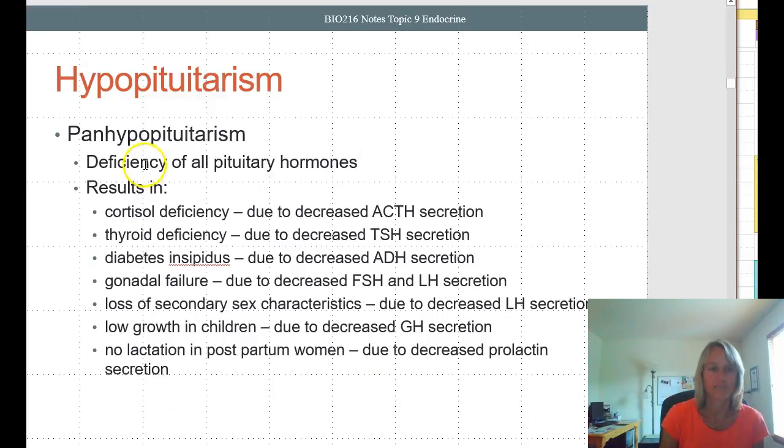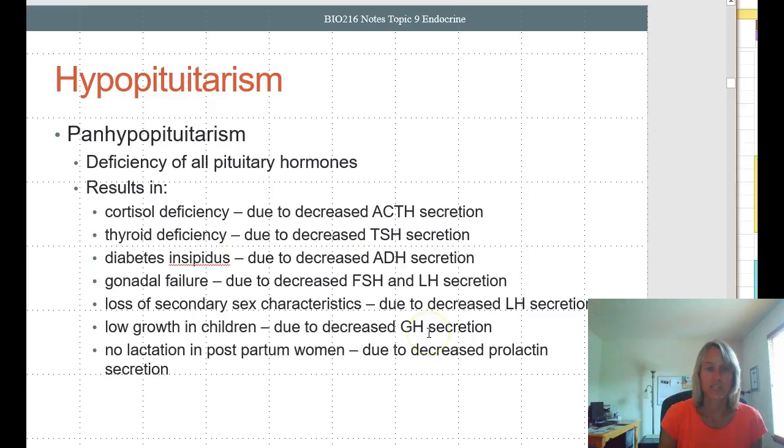For instance, if we have a decreased ACTH, this is going to result in cortisol deficiency. If we have a decreased TSH, this is going to result in thyroid hormone deficiency. If we have a decrease in ADH, this is going to result in diabetes insipidus. If you have decreased FSH and LH, this is going to result in gonadal failure. A decrease in LH can also lead to a loss of secondary sex characteristics.